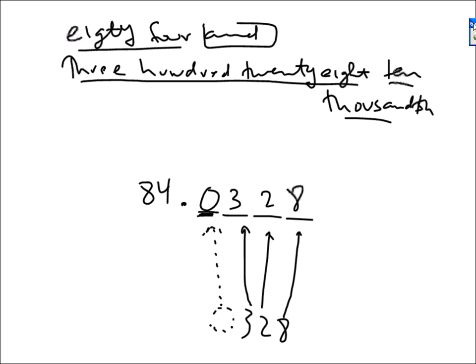So there it is. 84 and 328, this position, 10,000ths. 84 and 328 10,000ths.